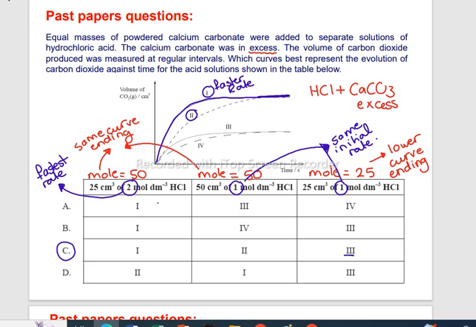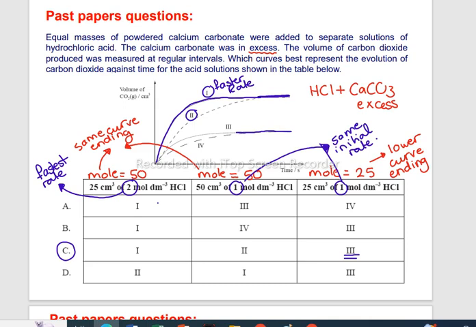And for the triple, you're going to find that you will have it below the original, or below I and double I. So it is below since the mole number is 25.